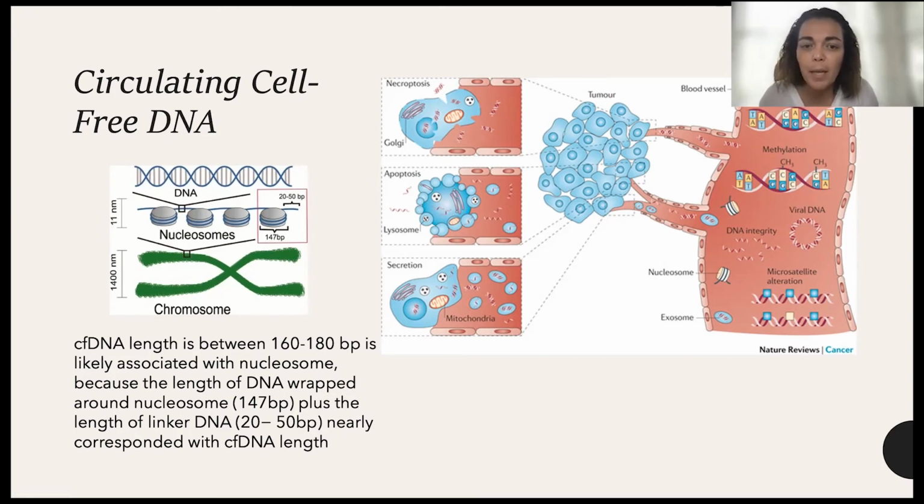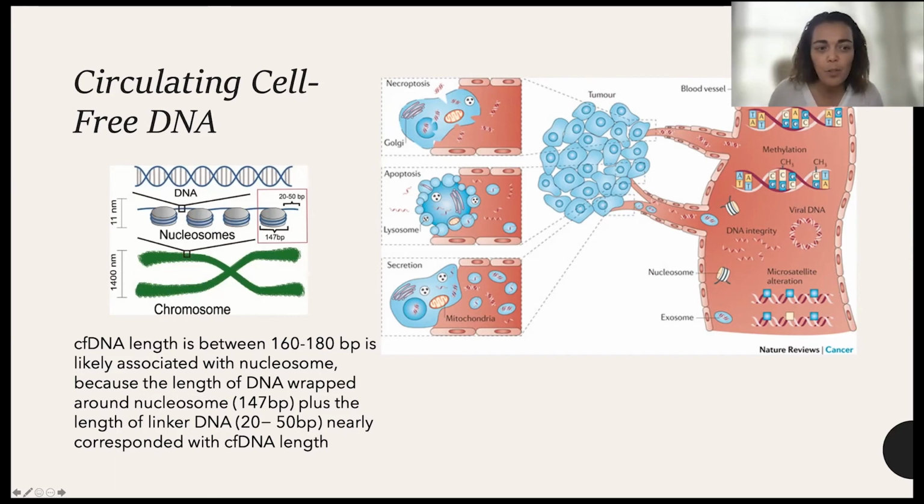So we can detect circulating tumor DNA, mutations, epigenetic changes, polymorphisms in blood without needing the actual physical tumor tissue, again, because of the shedding into circulation. And the circulating cell-free DNA has a very unique characteristic.